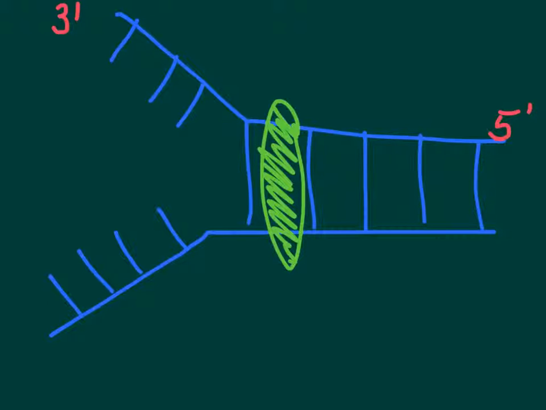So the strand across from it is what? He was right. You're 5 to 3. RNA, the primase has attached our complementary RNA primer right here.